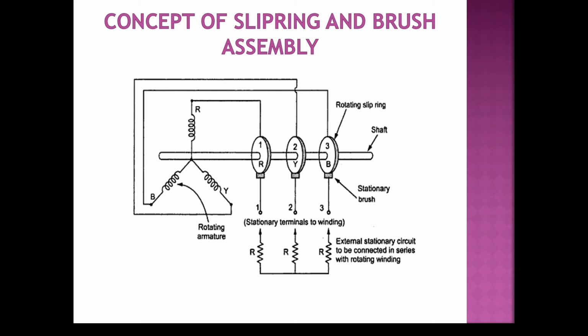These slip rings will be mounted on the shaft and they are made up of some conducting material. Each terminal of the winding will be connected to an individual slip ring permanently. So three-phase supply will be available across the rotating slip rings and the brushes will be resting on the slip rings. As you can see in the figure, brushes will be resting on the slip rings, just making contact. And hence now three-phase supply will be available across the brushes which are stationary.